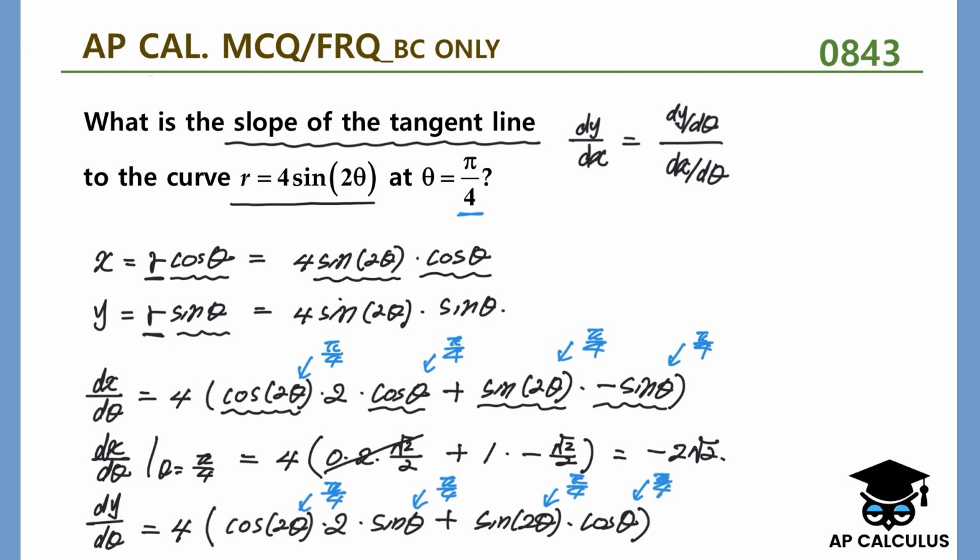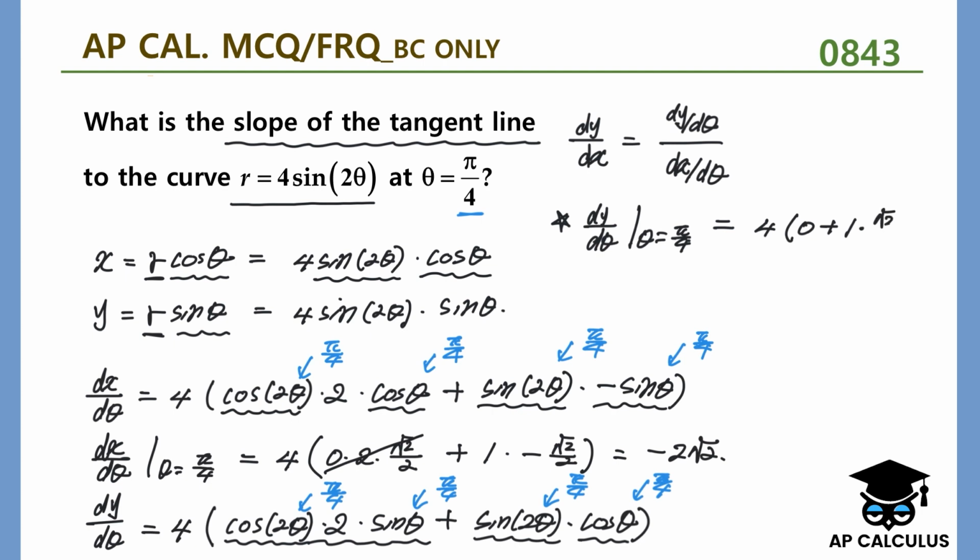Then let me write right over here, dy/dθ when θ is π/4 is equal to this value right here, cos π/2, that's 0 again. So all of this expression is equal to 0, right? Here sin π/2, that's 1. So 4 times 0 plus 1 times cos π/4, that's root 2 over 2.